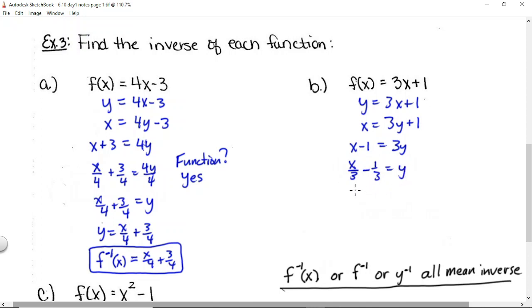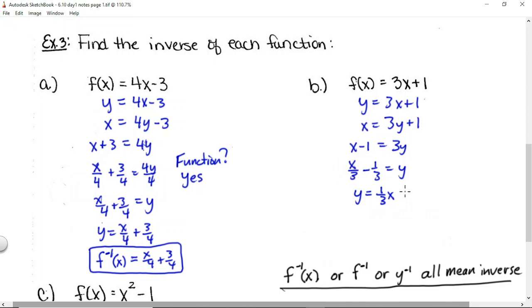I'll turn that around, and at the same time I'm going to write this x over 3 in the other form. We can write that as 1/3 x. And that's a more common way to write these when you have a fraction times the variable. We'd rather just write it that way instead of writing it over 3.